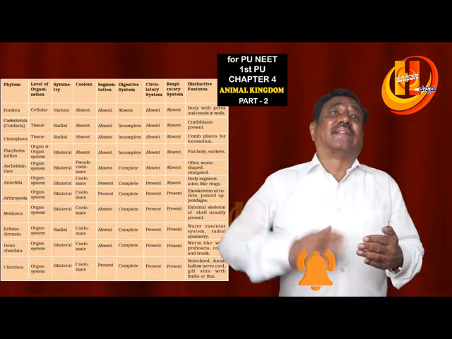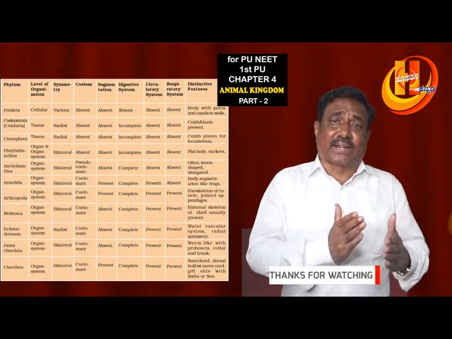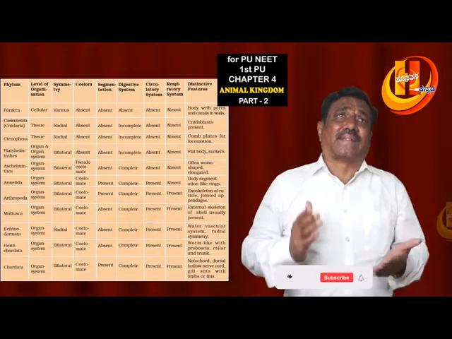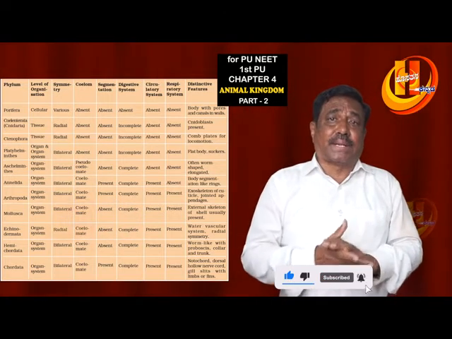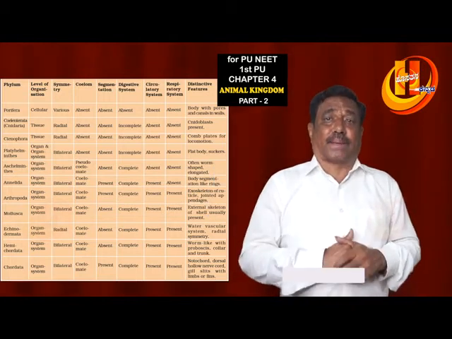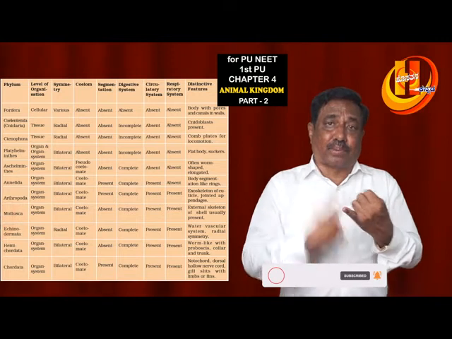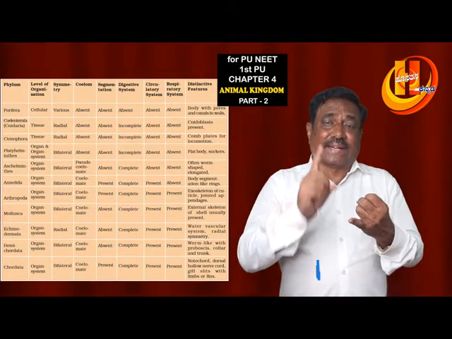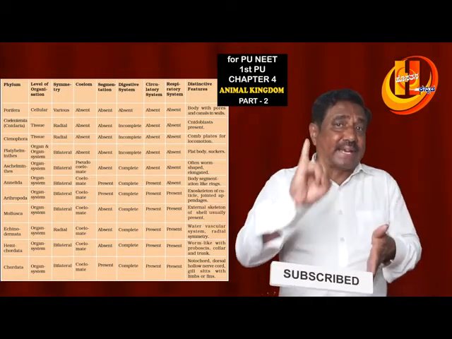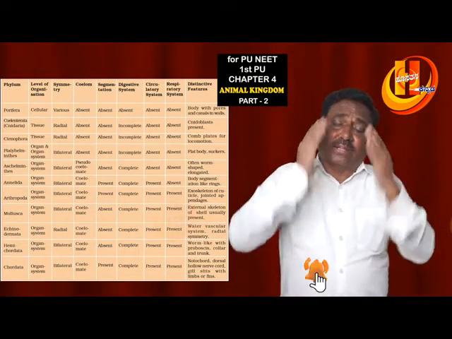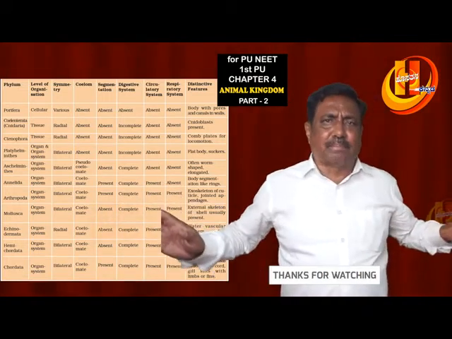And then next to this is the respiratory system. Respiratory system absent up to Arthropoda, respiratory system absent. So it is absent in Porifera, and then Coelenterata, Ctenophora, Platyhelminthes, Aschelminthes, Annelida. But respiratory system begins from Annelida. All these things are very, very important.